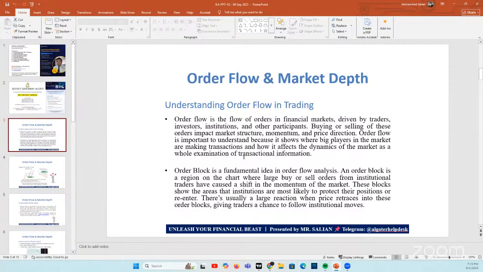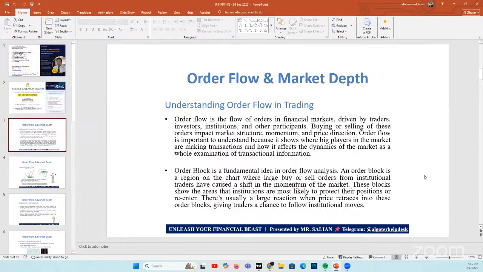Examination of transactional information. Order block is a fundamental idea in order flow analysis. An order block is a region in the chart where large buy or sell orders from institutional traders have caused a shift in the momentum of the market.